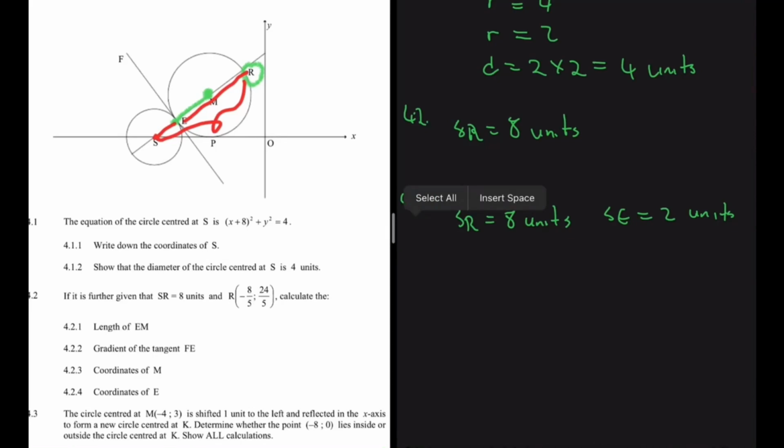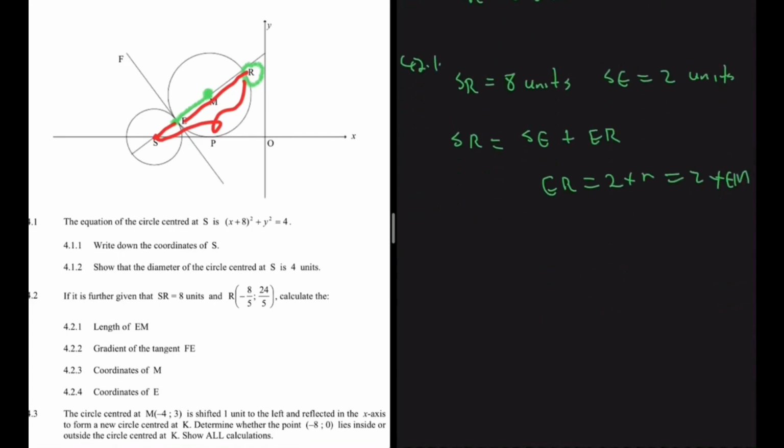What am I saying? I'm saying that SR, the entire distance from S to R, will be equal to SE, the radius of the small circle, plus ER, right? But then you can see that ER is the diameter, so it will be equal to 2 multiplied by EM, what we are asked to find. So in place of SR, we can put 8 units.